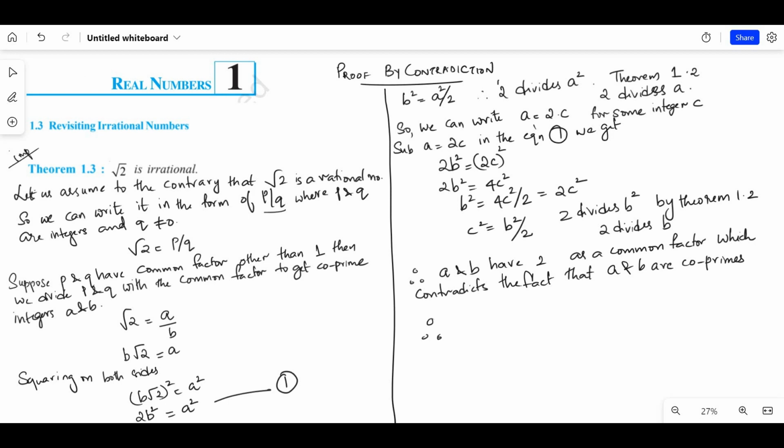Therefore, we can conclude that root 2 is irrational.